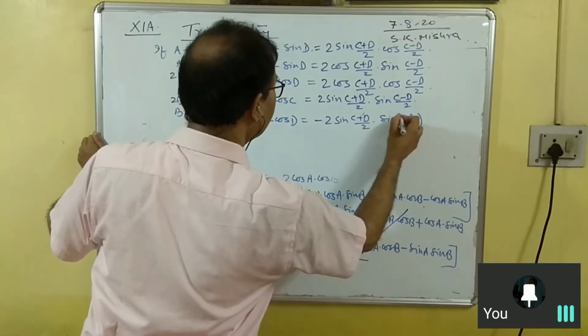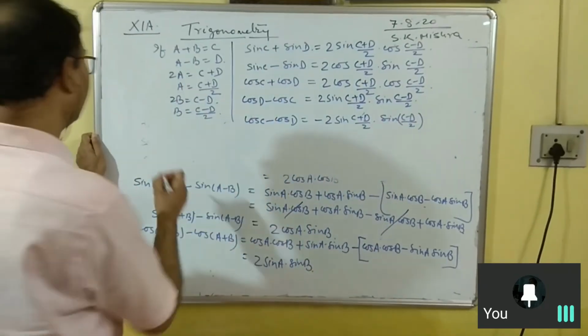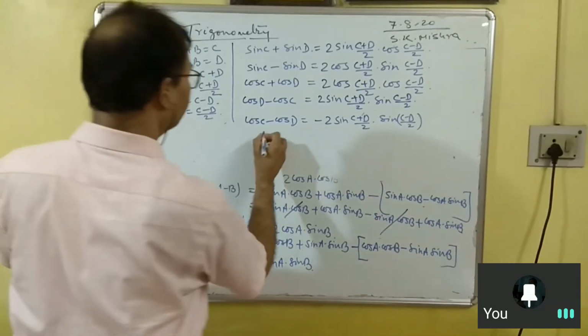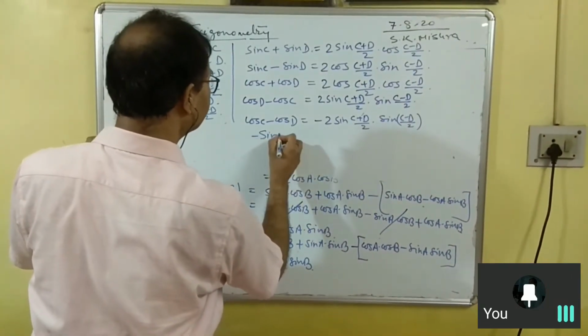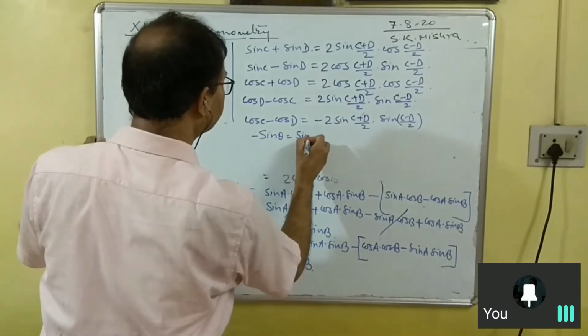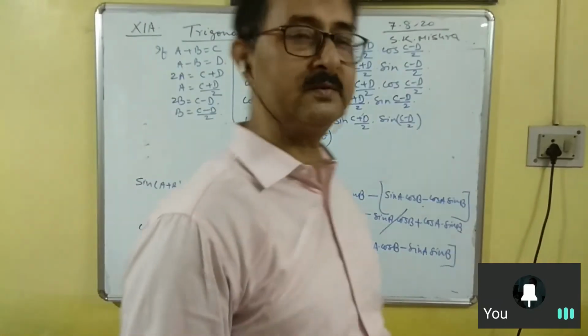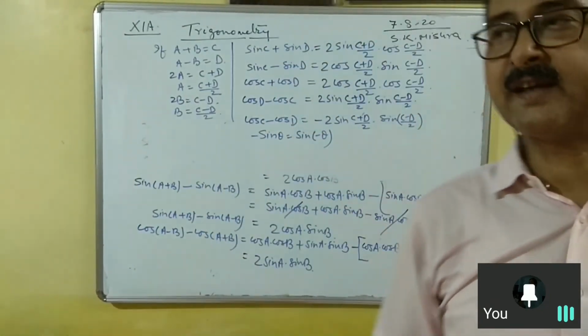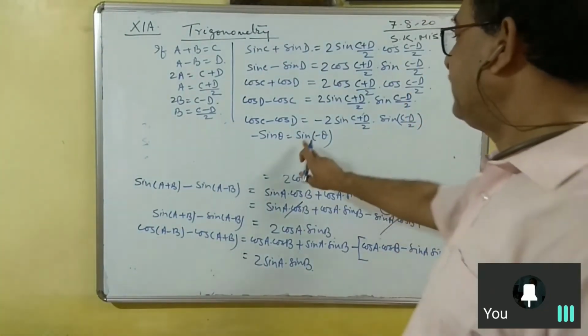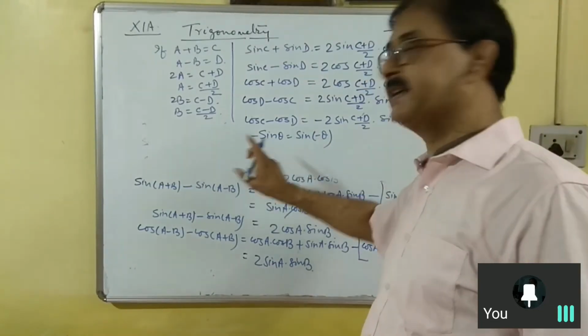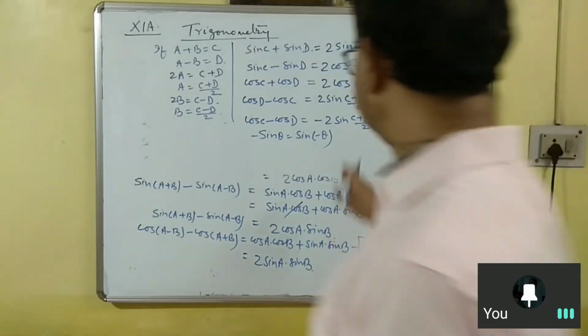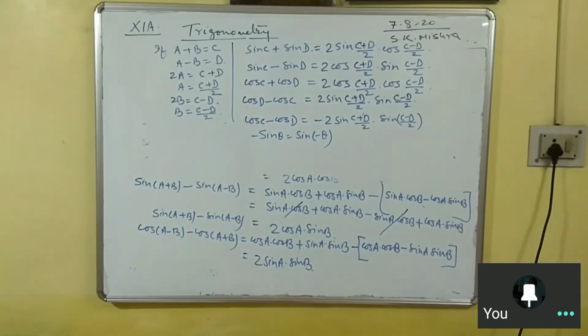At the same time, you know the formula: sin of minus theta is minus sin theta, but cos of minus theta is cos theta only. So using cos of minus theta is cos theta and sin of minus theta is minus sin theta.